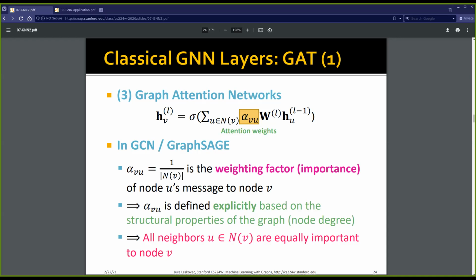Because if you take one neighbor, it's a constant weight, right? So I can multiply the corresponding row by that number, and it becomes a different W. So I'm just wondering, shouldn't W already be doing that?